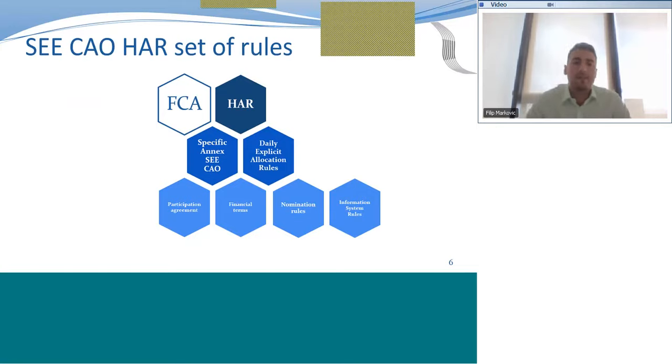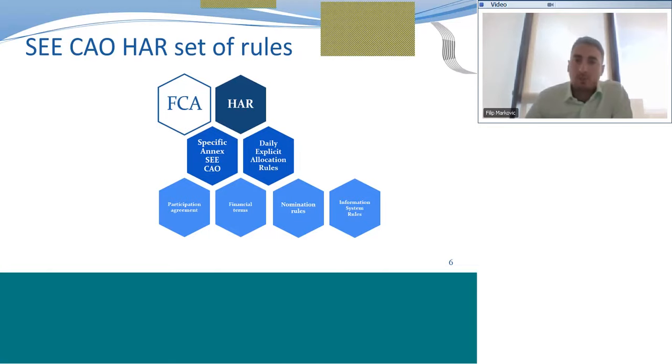Therefore, a specific annex contains some derogations from the original main body of the HAR. Also, there are rules for explicit daily allocation currently in force, and some additional documents such as participation agreements, financial terms, nomination rules, and information system rules.